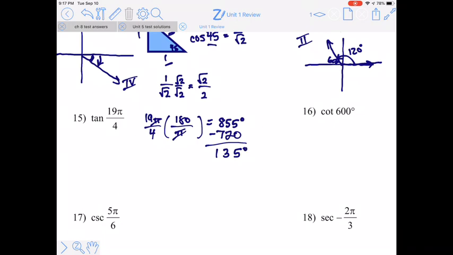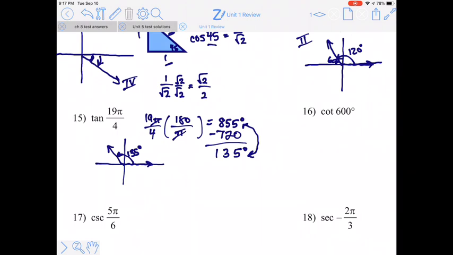Now this is a coterminal angle, 855 degrees and 135 degrees. It's a coterminal angle, which means tangent of 855 and tangent of 135 are exactly the same, because we're just going around a circle twice. So I'm going to draw the 135 degree angle. This is 135 degrees, which again is the same as 855 degrees.